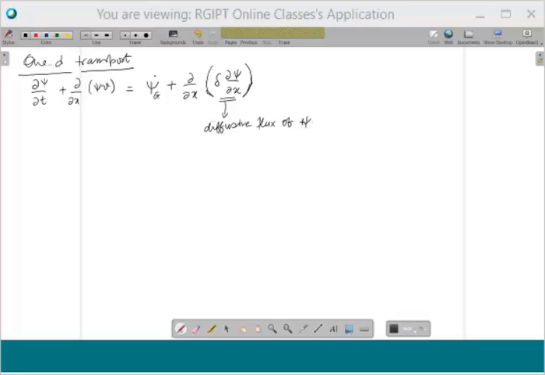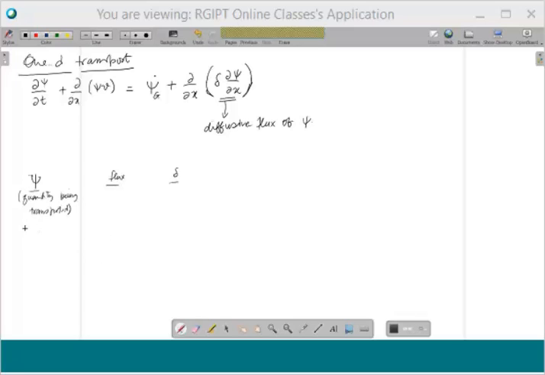So now let me just write down different cases. Consider the quantity psi being transported, the associated flux, and delta. I'll just write down for different cases.